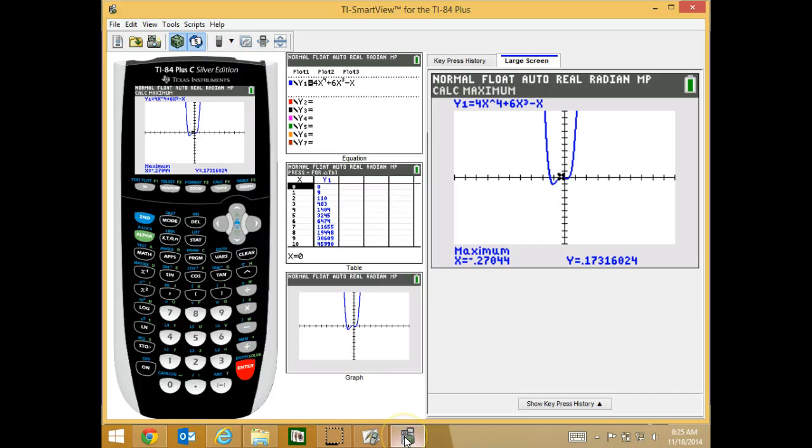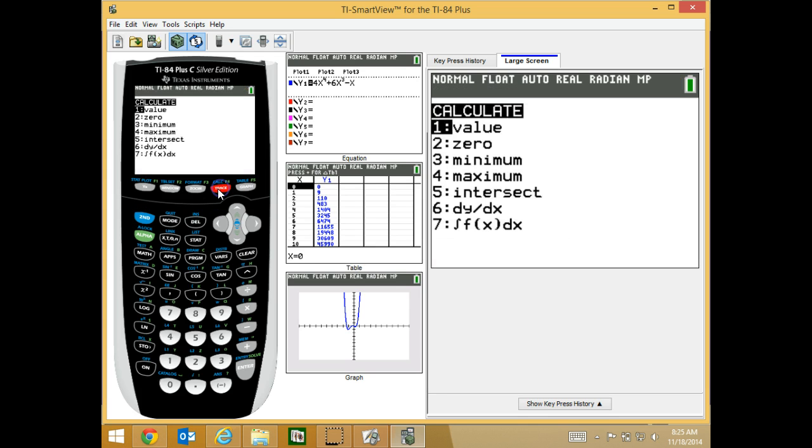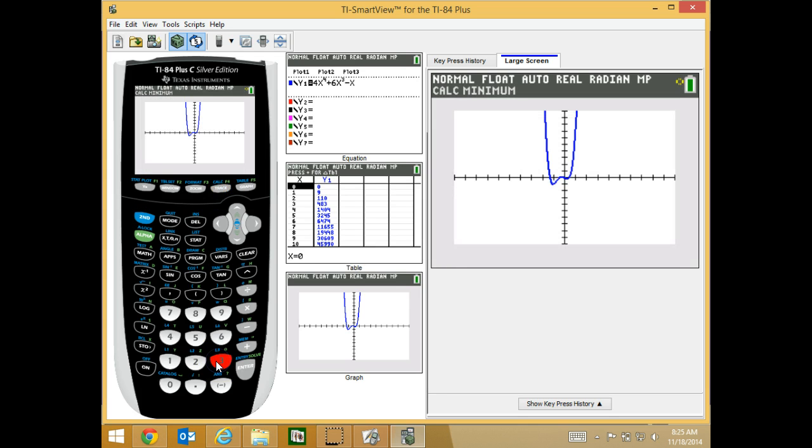Back to the graph. We're going to have another little minimum there. So we're going to calculate that next minimum. Start to the left, start to the right, and we're at 0.22, negative 0.15.